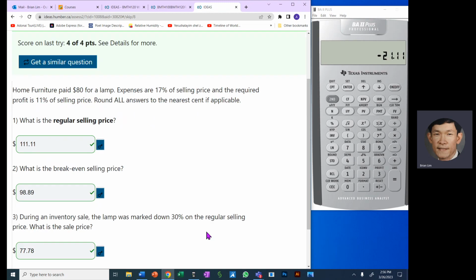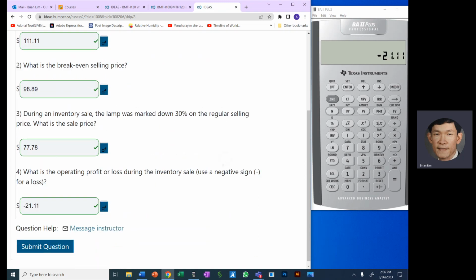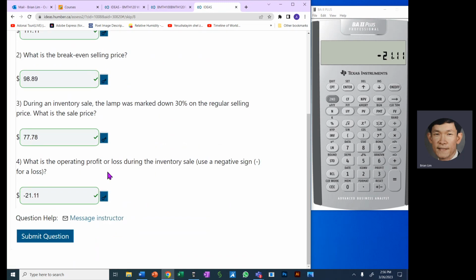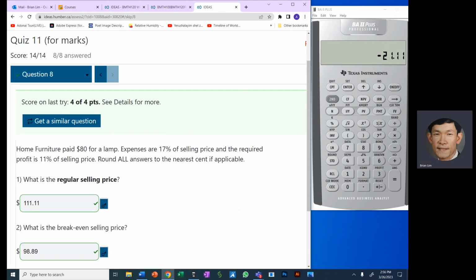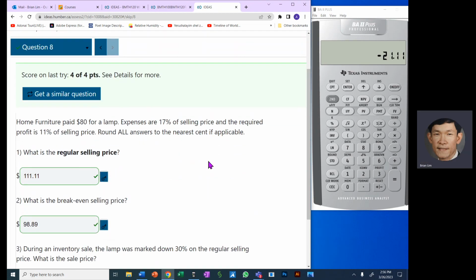All right, so we submit, and finally we came up with the correct answer. So there was the problem. First, I used the wrong number for the inventory, and then somewhere the subtraction didn't go as it should have gone.